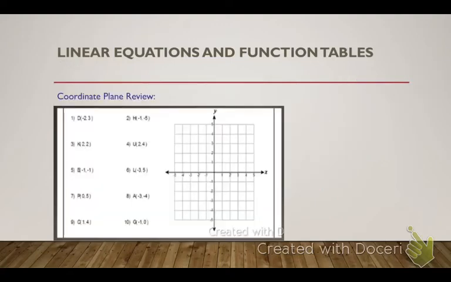And to begin with, just a real quick review. We're going to talk about plotting ordered pairs. If you notice the very first one, it says that D is at -2, 3.